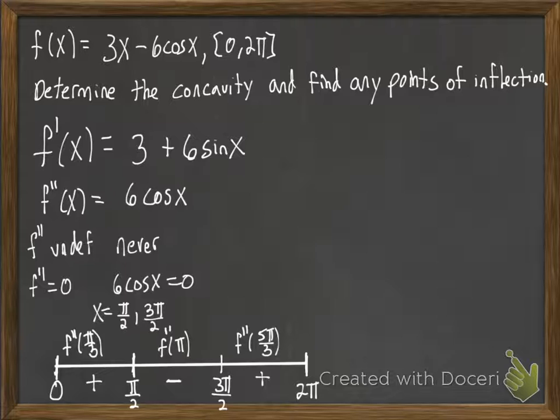And finally, we take these results and use them to talk about concavity. Remember, when the second derivative is positive, it's concave up. When the second derivative is negative, it's concave down.